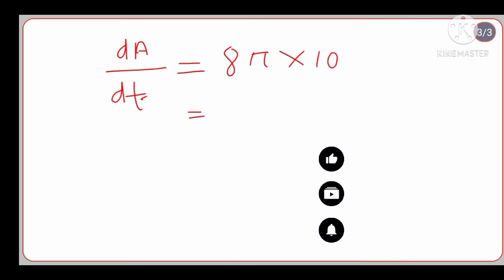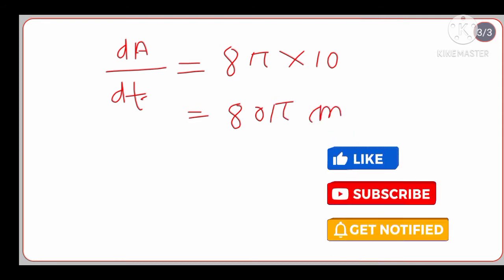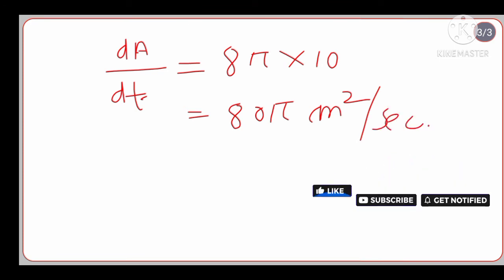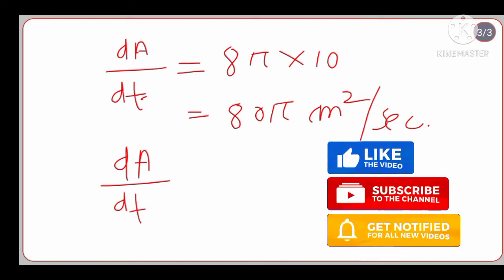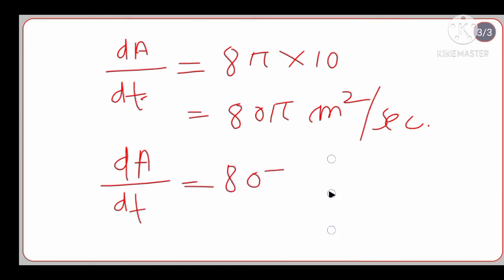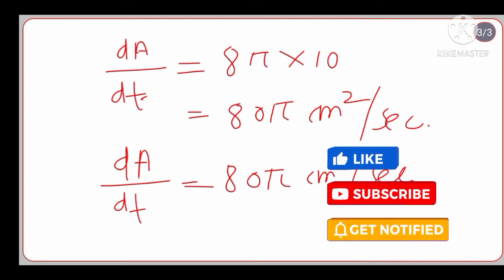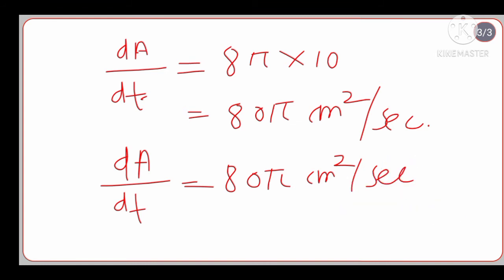This value is given, so it becomes 80 pi, and area is nothing but centimeter square per second. So what is your answer coming? dA by dt is 80 pi centimeter square per second. So this is option number B.